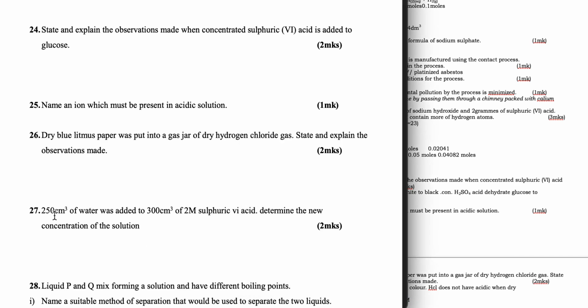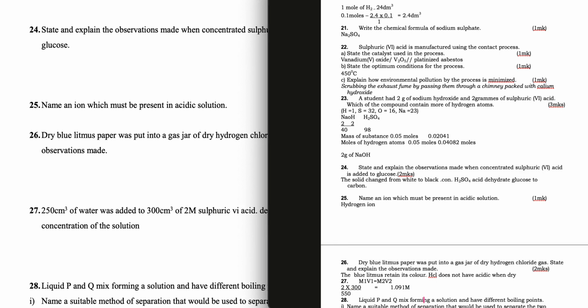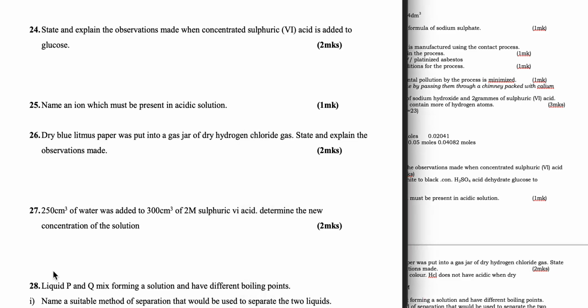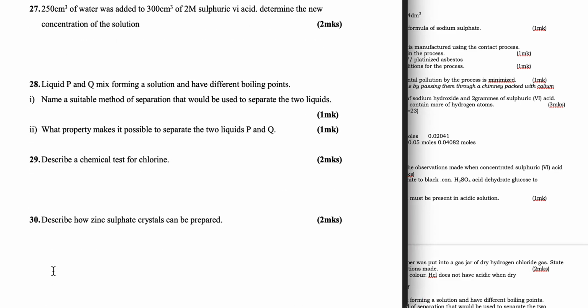Question 27. 250 cubic centimeters of water was added to 300 cubic centimeters of sulfuric 6 acid. Determine the new concentration of the solution. That is how you determine it. 28. Liquid P and Q mix, forming a solution and have different boiling points.